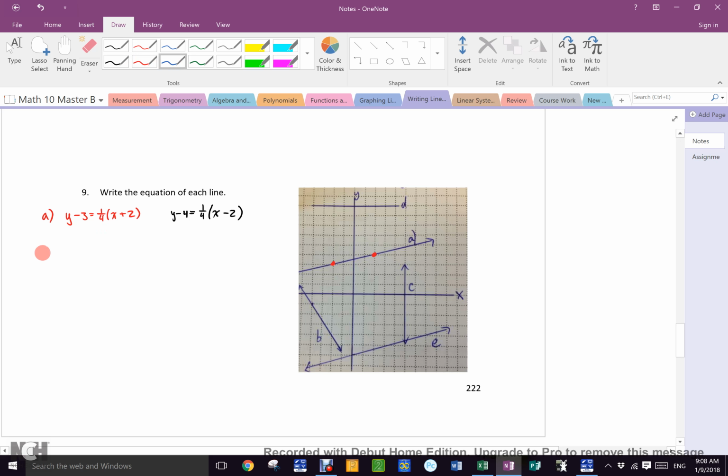What would I use for B? Probably use point-slope form again, right? Who chooses the points? You do. And once you have those points, who finds the slope? You do. And then you just write it out. I personally would use that point right there and that point right there.